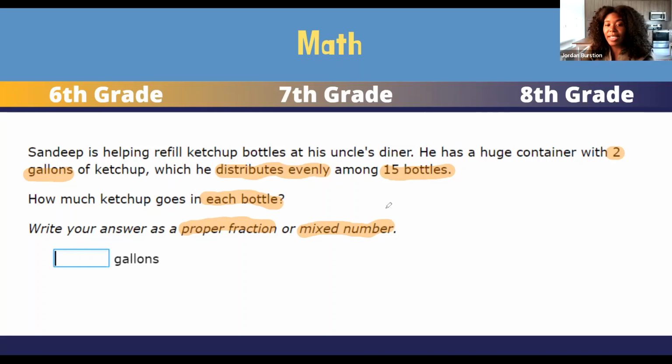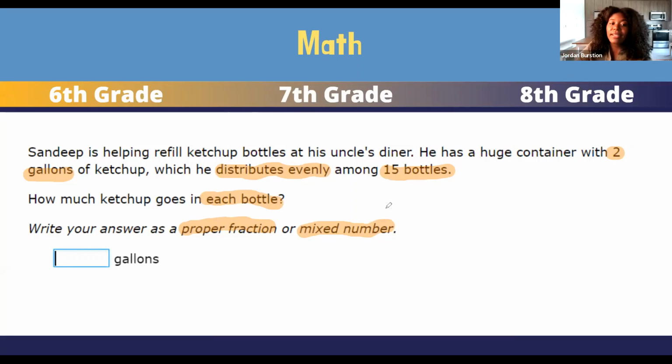Now, unfortunately, this year, the EOG in North Carolina takes place on the computer, so you won't be able to annotate, but it's still a great habit when you're given paper tests. So I highlighted 2 gallons, distributes evenly, 15 bottles, each bottle, proper fraction, and mixed number, because they gave us a lot of information. I don't want us to get overwhelmed.